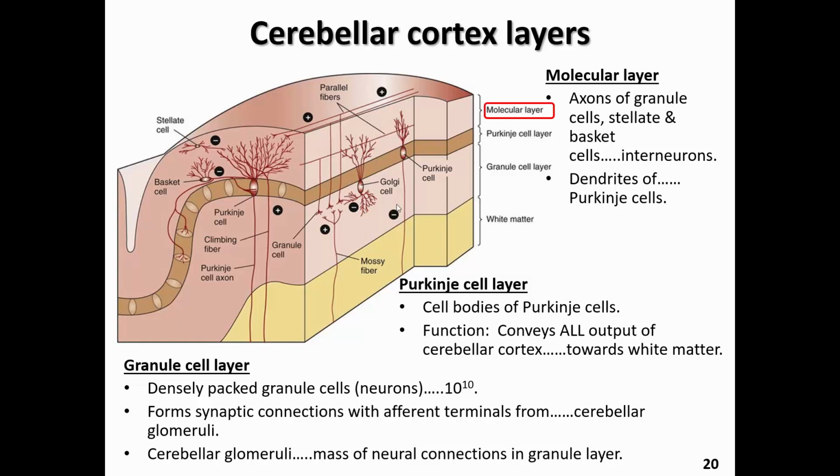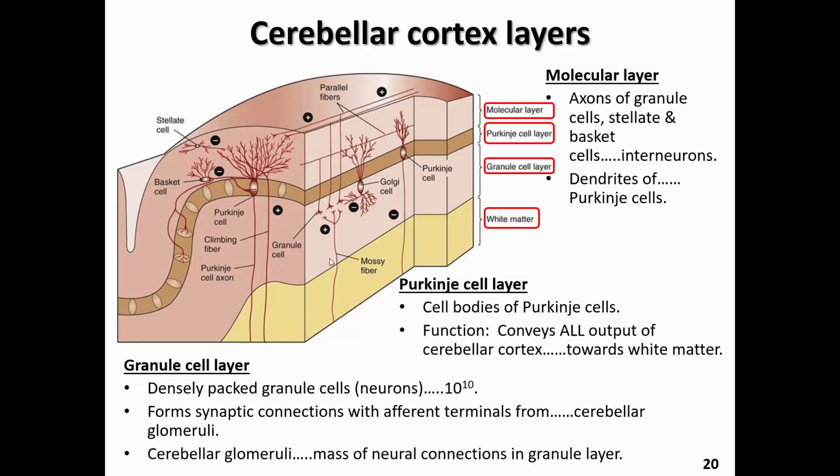So if we take a look at our diagram here, this drawing, here we see the most superficial layer, the molecular layer, the thinnest layer, the Purkinje cell layer, made up largely of the cell bodies of the Purkinje cells, and the thickest portion of the cerebellar cortex, being the innermost, deepest granule cell layer.